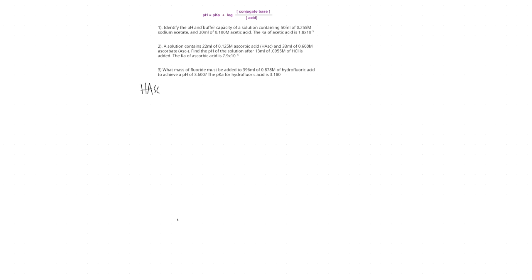That's going to be your 22 mL, which I converted to liters, times 0.0125 molarity, and that's going to equal 0.00275.